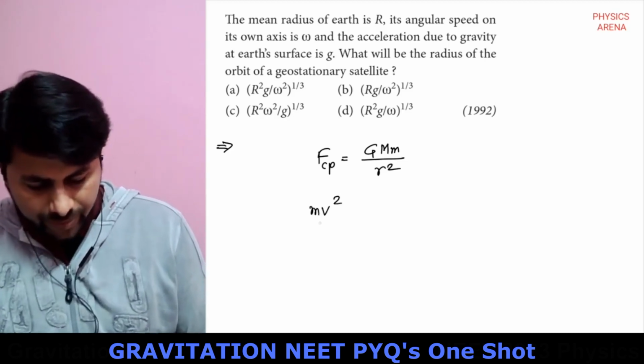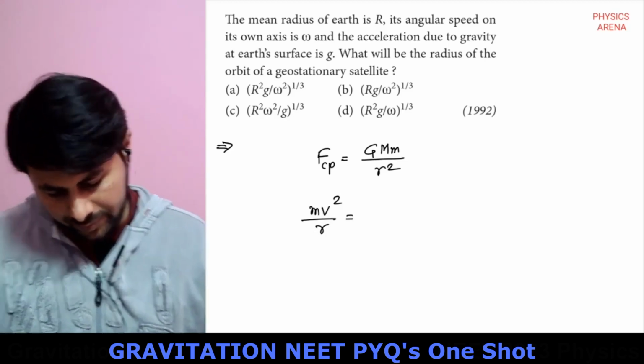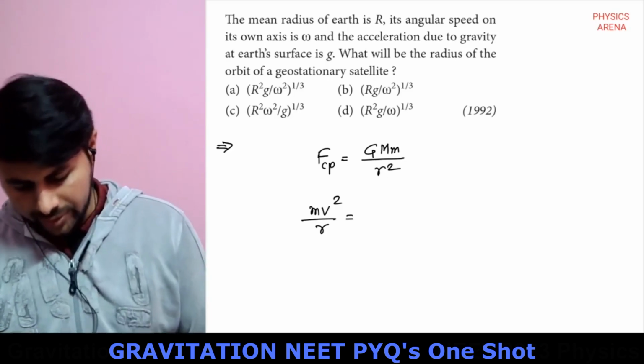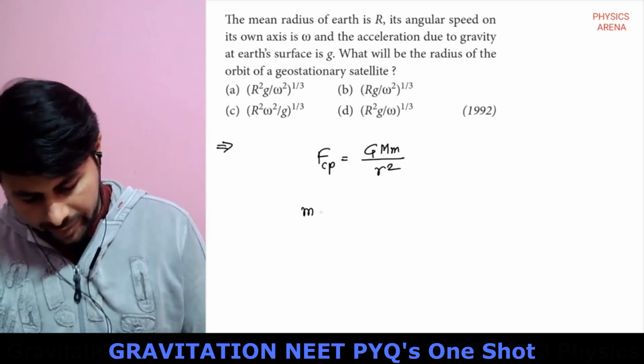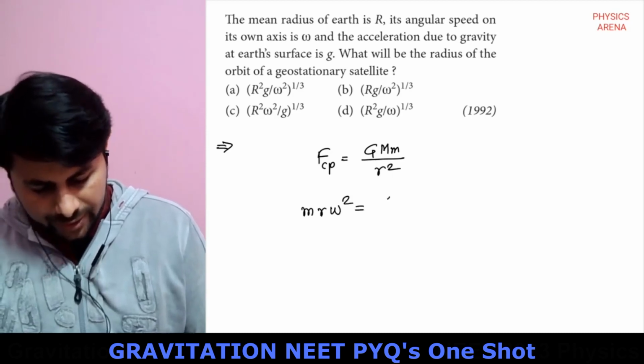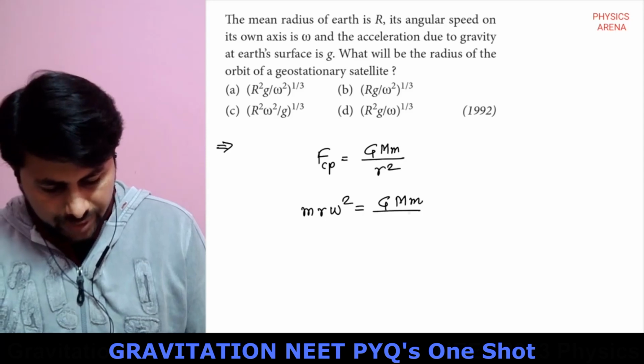It is mv square upon r, or since omega is given, we should use m r omega square equals GMm divided by r square.